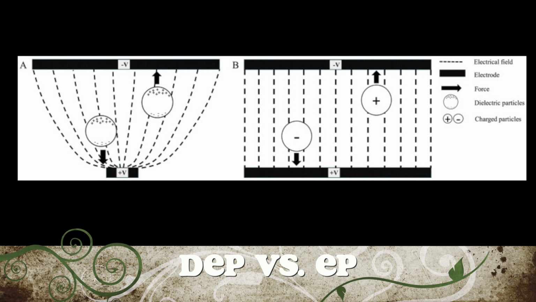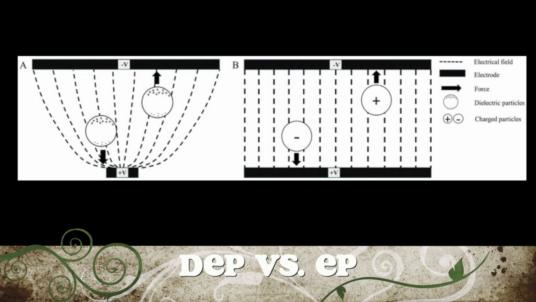And the Figure B shows the electrophoresis in which cations and anions move towards the negative and positive electrode respectively. So many people are confused on the terms dielectrophoresis, DEP, and electrophoresis, EP.